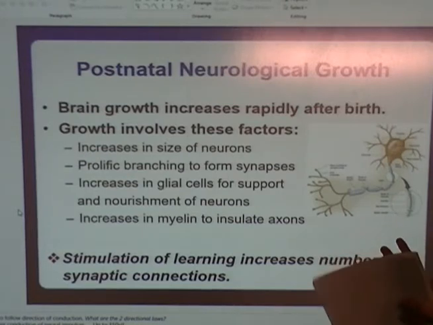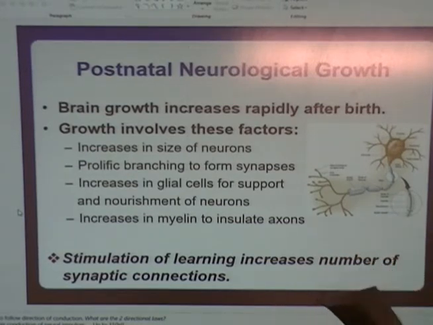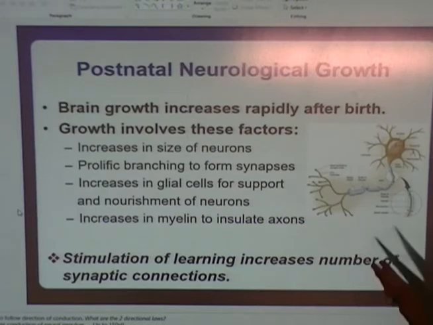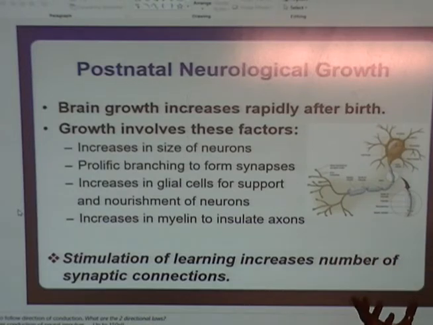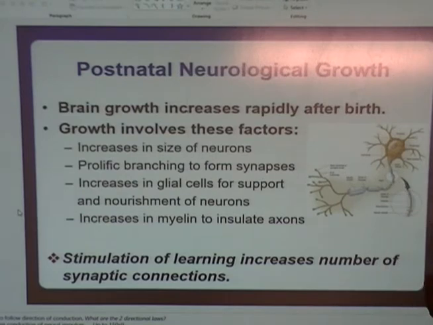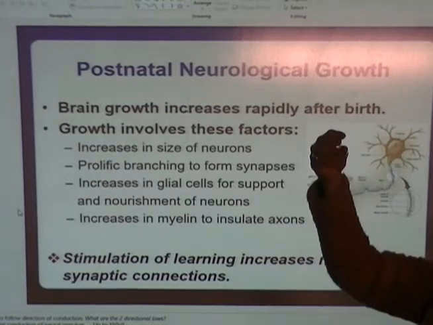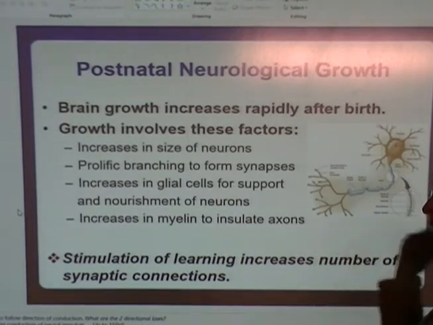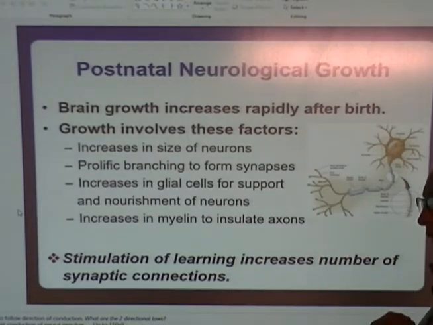And then we see an increase in certain nerves and cells of myelination. And that's a fatty substance that is wrapped around the axon part of the nerve so that the signal that's being sent out can move more quickly. And we'll talk a lot more about that in XPhys. Okay?